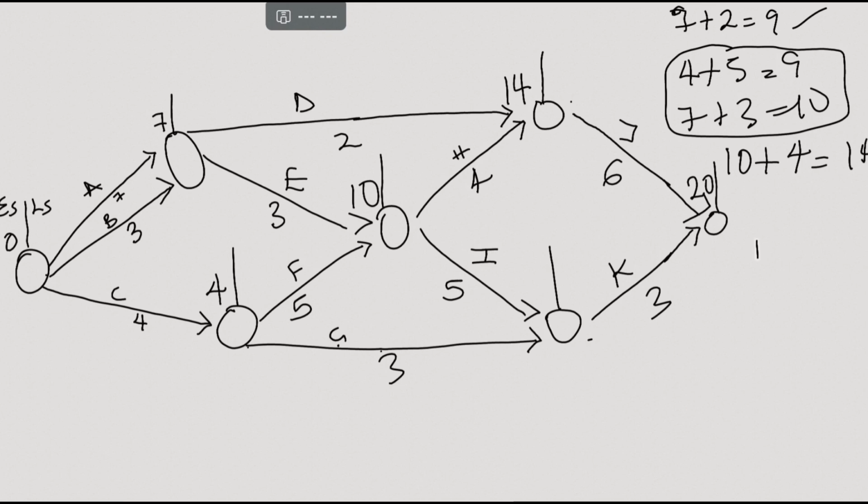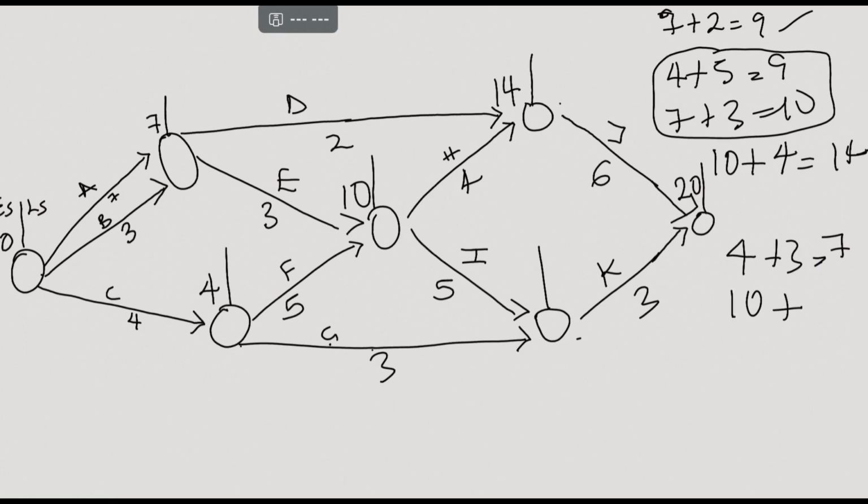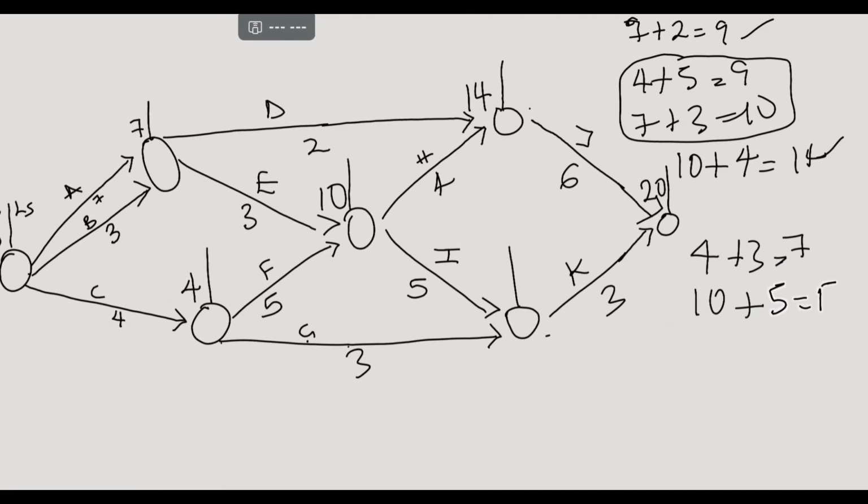We can either have 4 plus 3, which is 7, or we can have 10 plus 5, which is 15. So here will be 15. 15 plus 3 is 18. And 18 is lower than 20, so we're picking 20 because it's the highest.